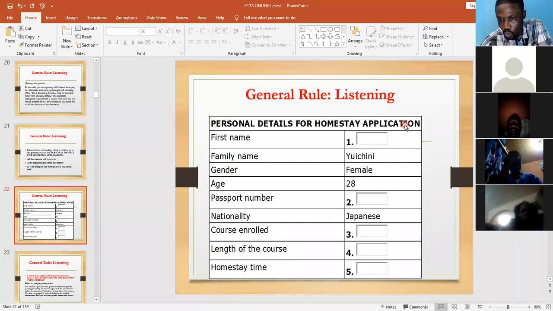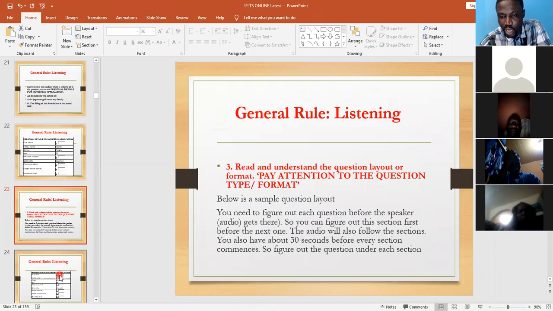So when I say personal details for homestay application, it means somebody wants to apply for a homestay, and you can see the question is about information about the person. Okay, so I will come to the third rule now, and I'm going to be making a serious emphasis on the third rule. Look at it, a serious one.